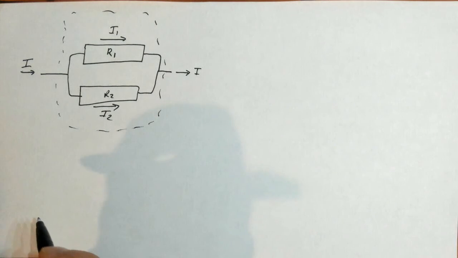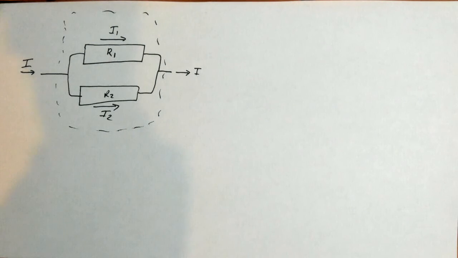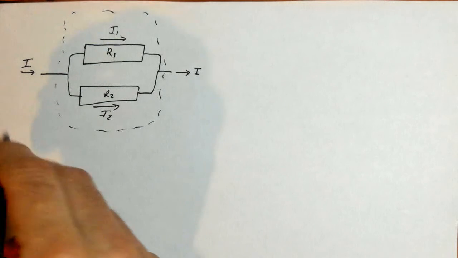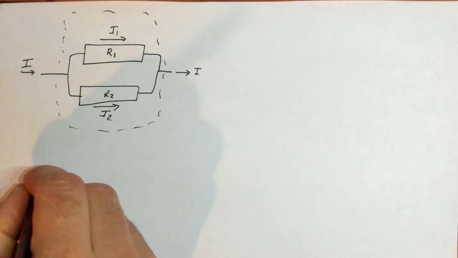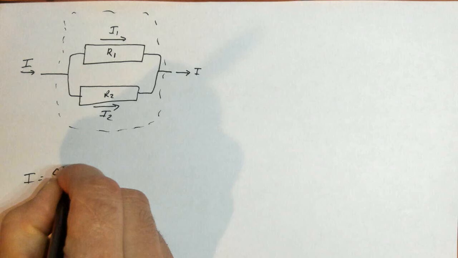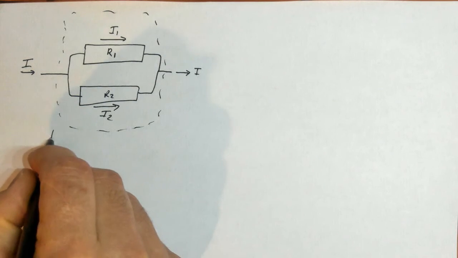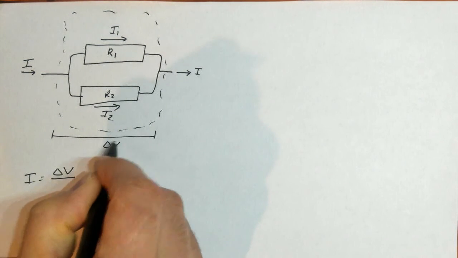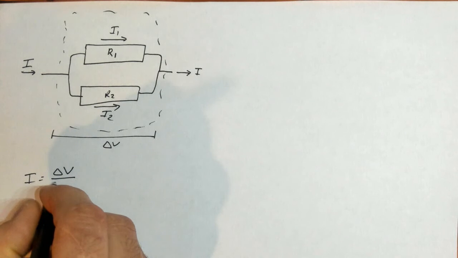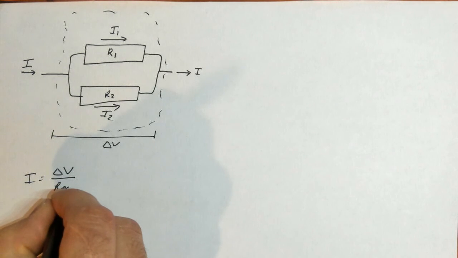side, or in parallel? Okay, well, the idea is to think that this current is equal to, by Ohm's law, the potential difference across those things, divided by that equivalent resistance.